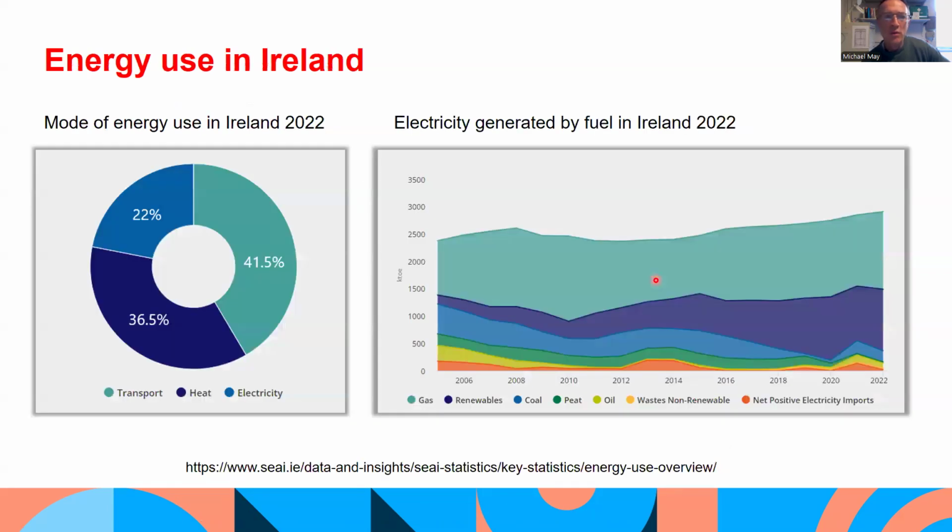Looking closer to home, those three modes of energy use in Ireland, 41% of it is for transport, around 36% of it is for heating homes and businesses, and 22% is for generating electricity. If we look at the electricity component and break it down, we can see that in the main we use natural gas to produce our electricity, but the renewables are catching up.